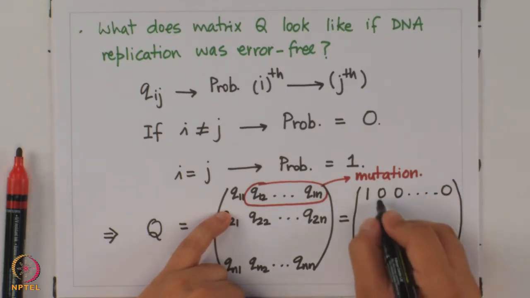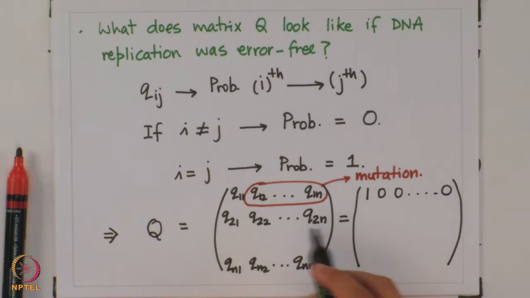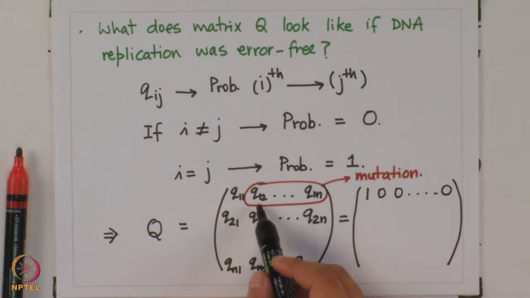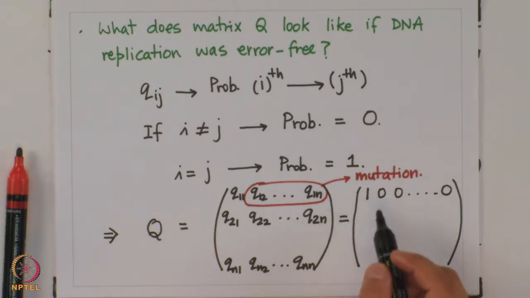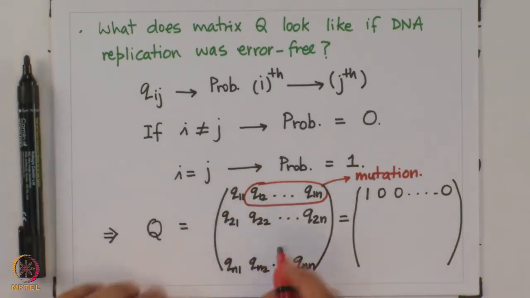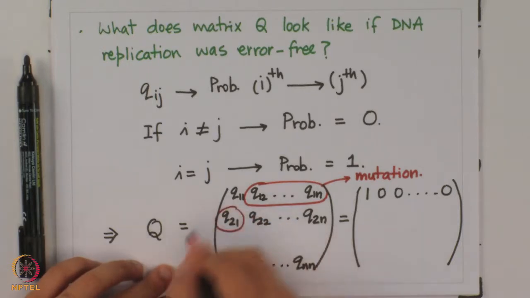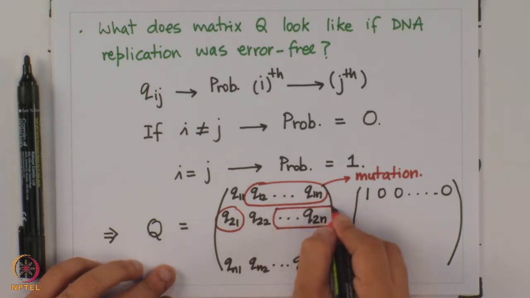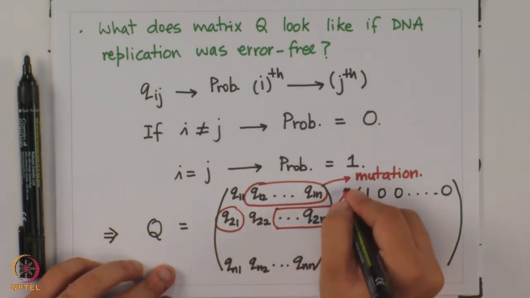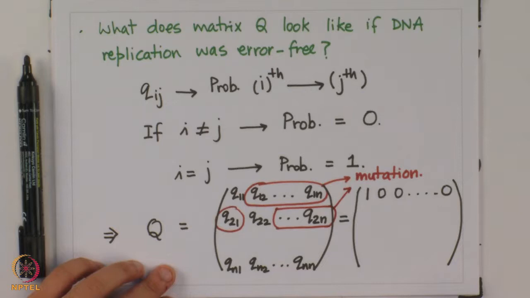So, there is 0 probability that the replication event led to a genotype which was distinct from the parent genotype, and the probability that the progeny DNA was identical to that of the parent DNA is equal to 1. For the second row, the first element and the third to the nth element are the elements which represent that there was a mutation event that happened upon replication.